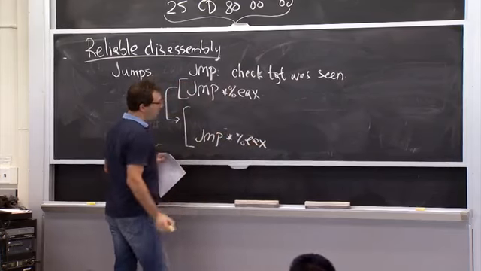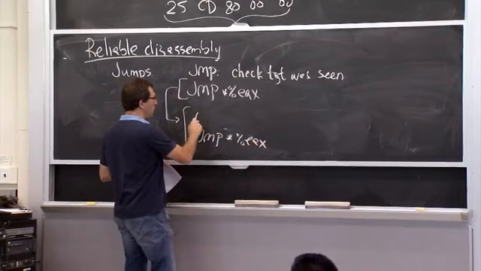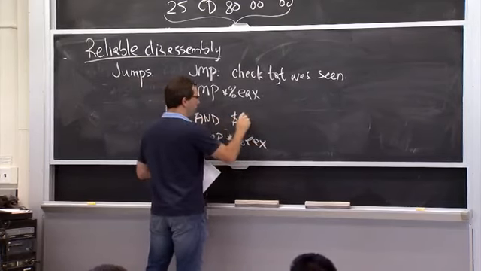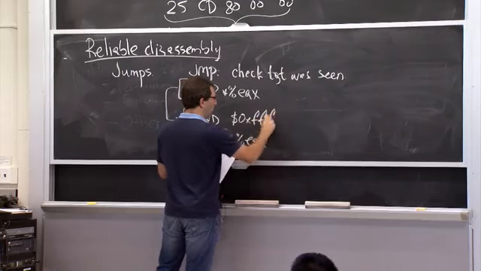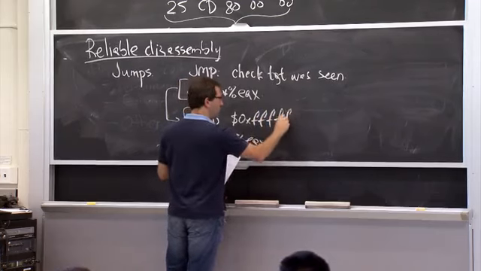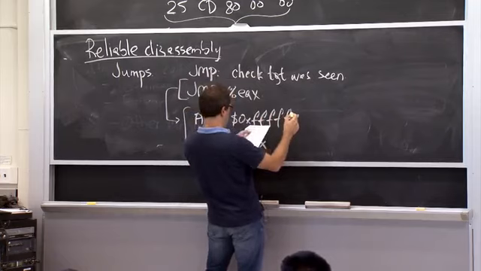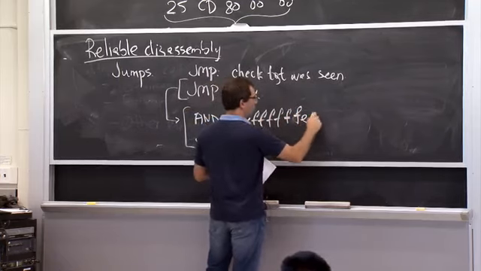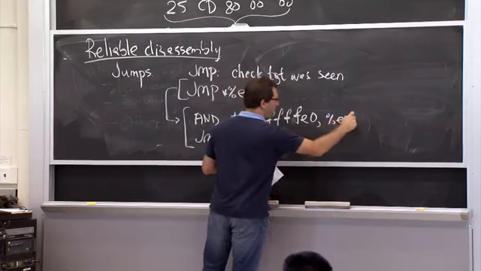But they prefix it with an AND instruction that is going to clear the low 5 bits, with the mask FFFFFFE0 applied to the EAX register.